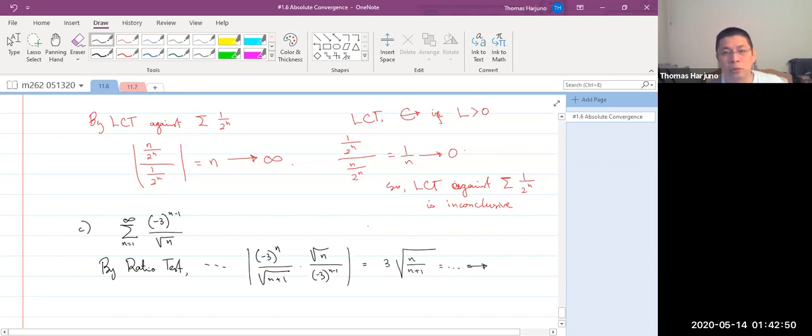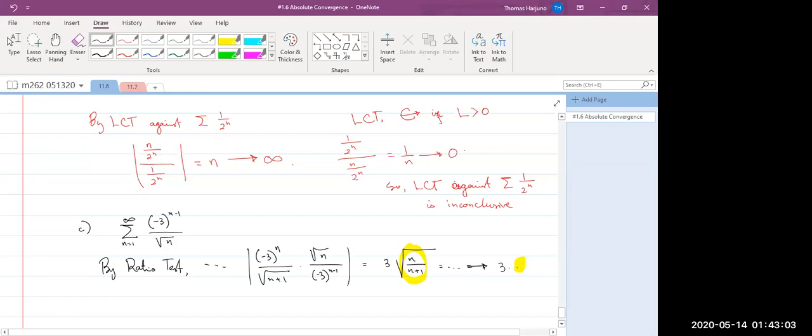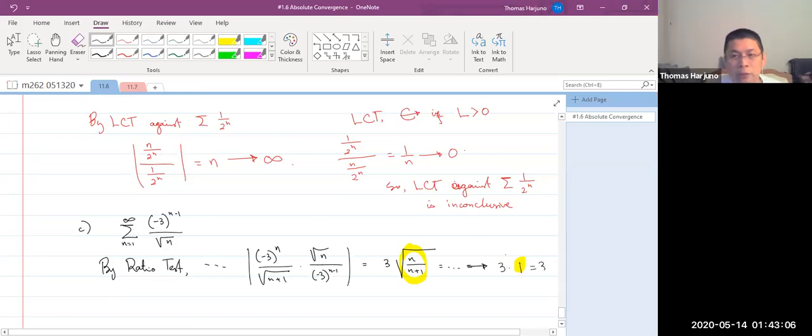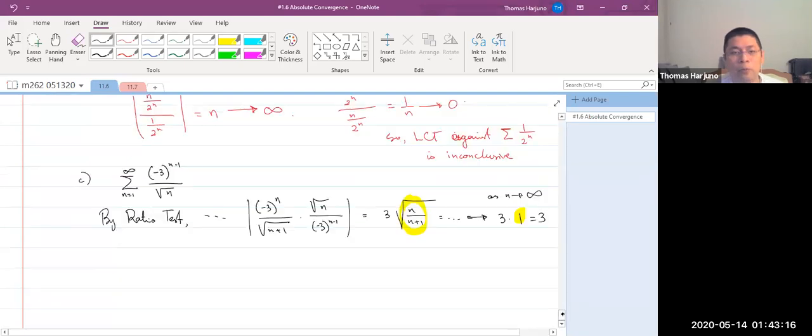What will this converge to? In total it will converge to 3, right? But the part I circled in yellow converges to 1. So from here, by ratio test, this series is divergent.